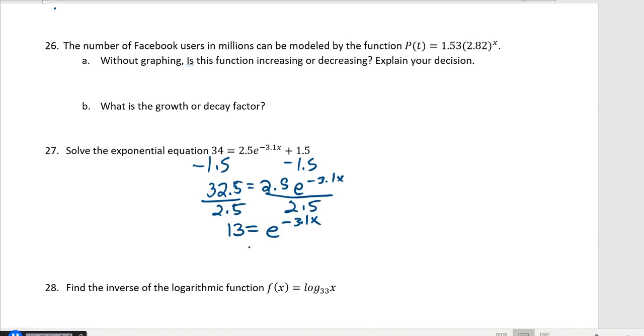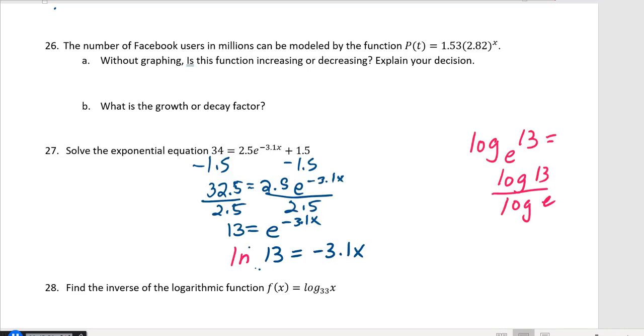All right, so now there's two ways I can think of this. I can either write this as this log, and then put my base as e. My exponent is negative 3.1x. That's one way to think about it. But I might just automatically realize that log base e is just natural, so that becomes natural log. If you didn't see that, you could use the change of base formula, and you're going to end up with the same number.